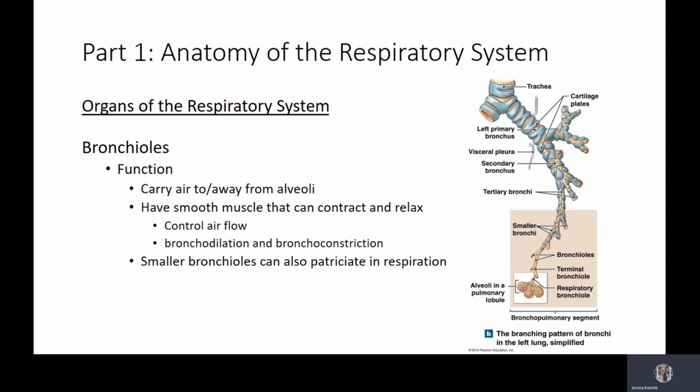More into that in the future, but for now, just know that bronchioles carry air to and away from the alveoli, and they can aid in bronchoconstriction and bronchodilation.